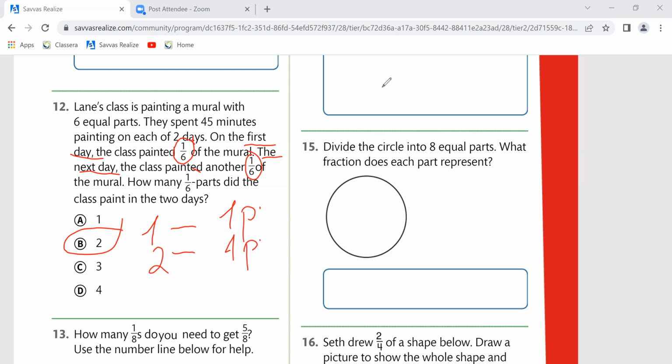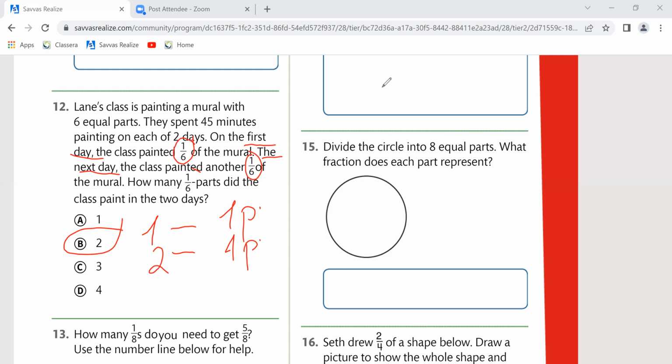There is a picture of how people are painting the fence. This is a nice picture. This is the fence, and someone is painting the fence.